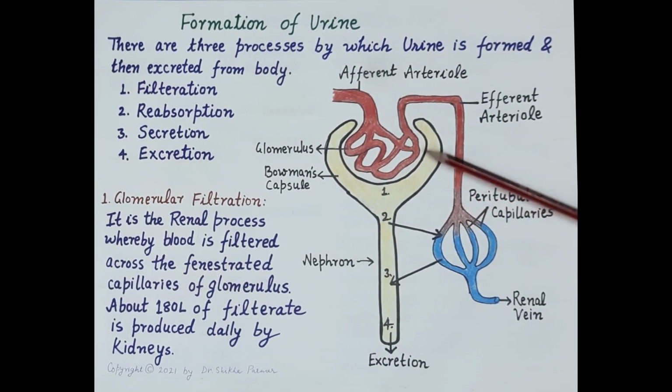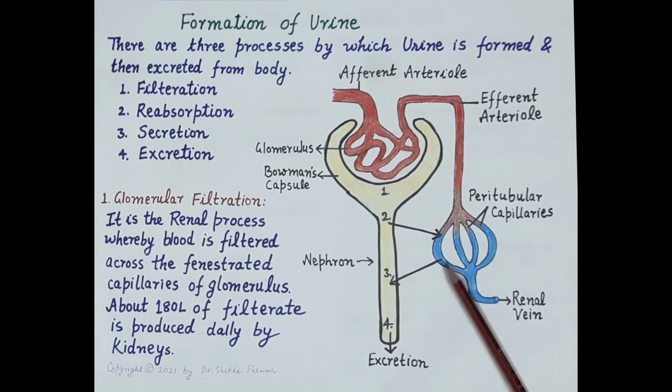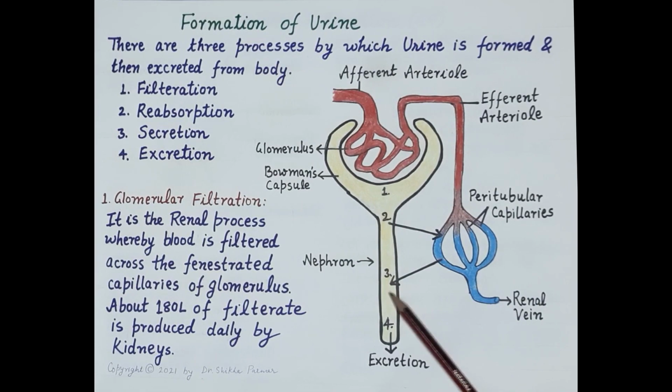Since these substances could not be filtered and could not be excreted, they pass into the peritubular capillaries, and from the peritubular capillaries they are secreted, or passed into the tubule lumen, and from here they are excreted.